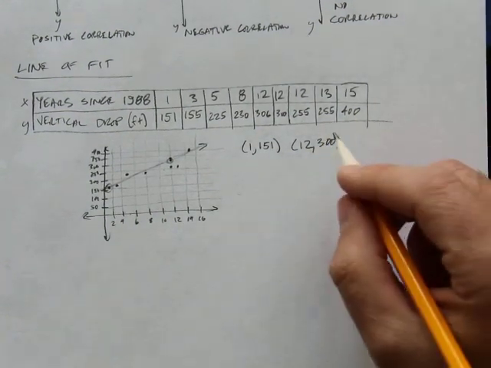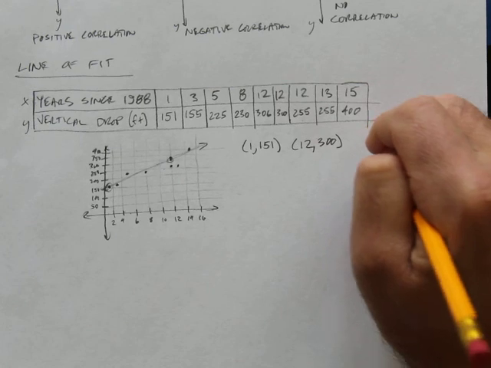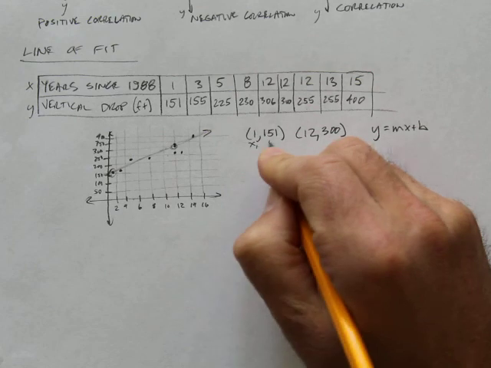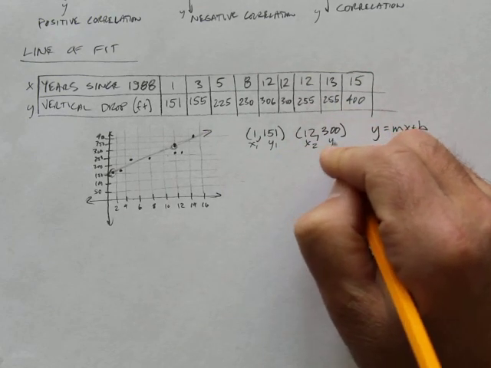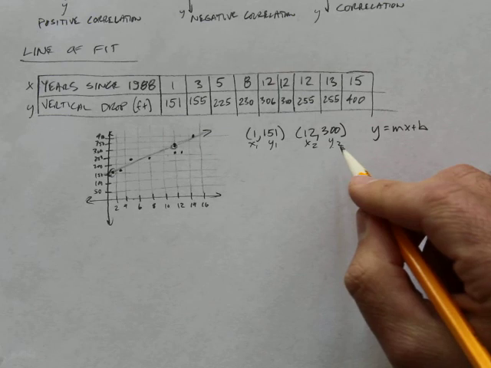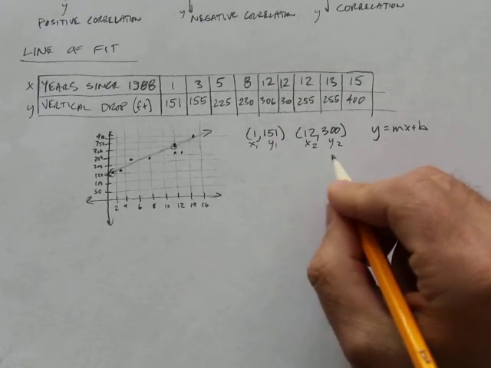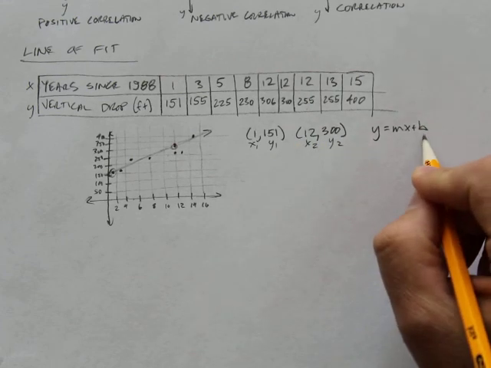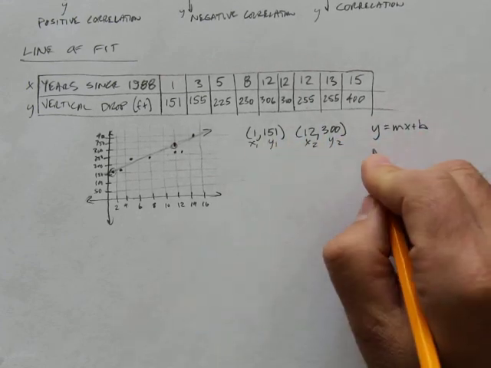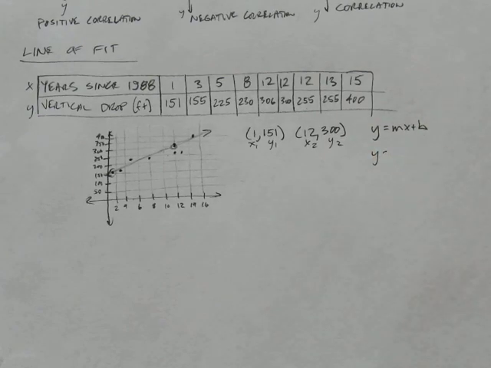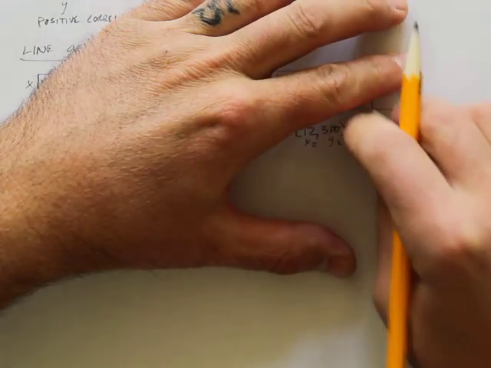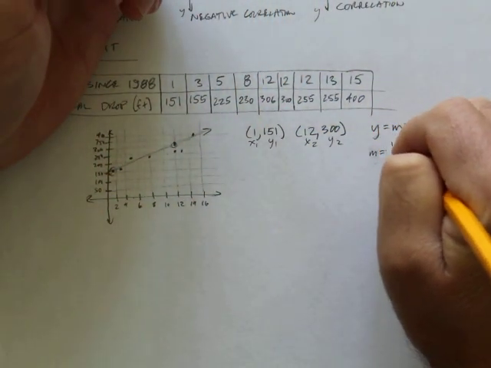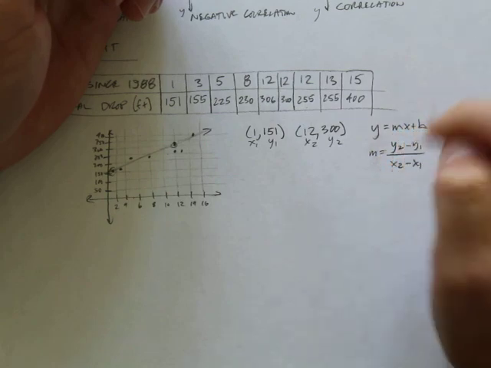And I want to write this in slope-intercept form. So y equals mx plus b. x1, y1, x2, y2. I'm going to get my slope first, actually, and then I'll go for my y-intercept. So remember, my slope is m equals y2 minus y1 over x2 minus x1.